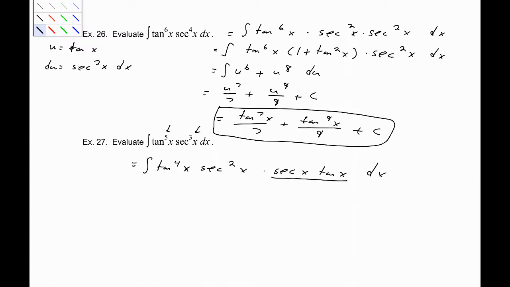So let's go ahead and do that. That'd be secant squared x minus 1, squared, times secant squared x, secant x tangent x dx.